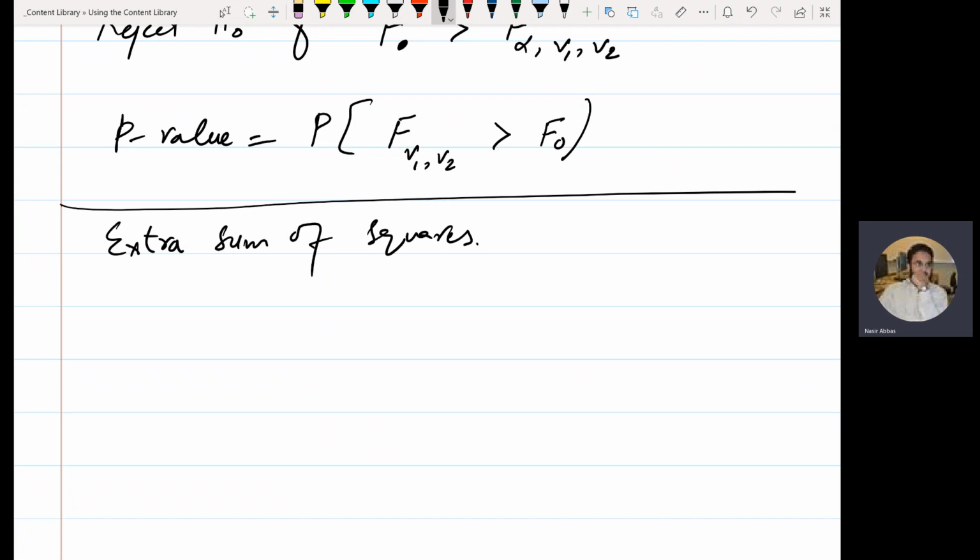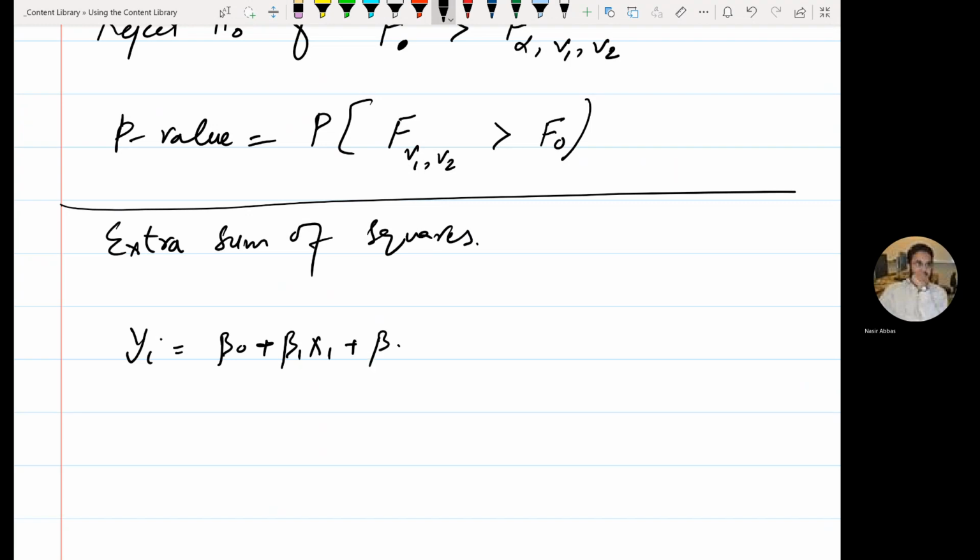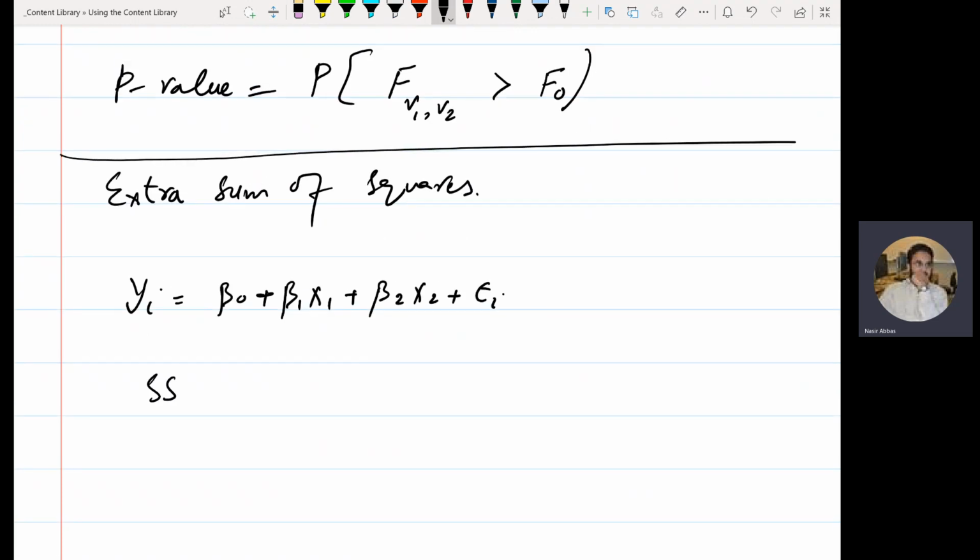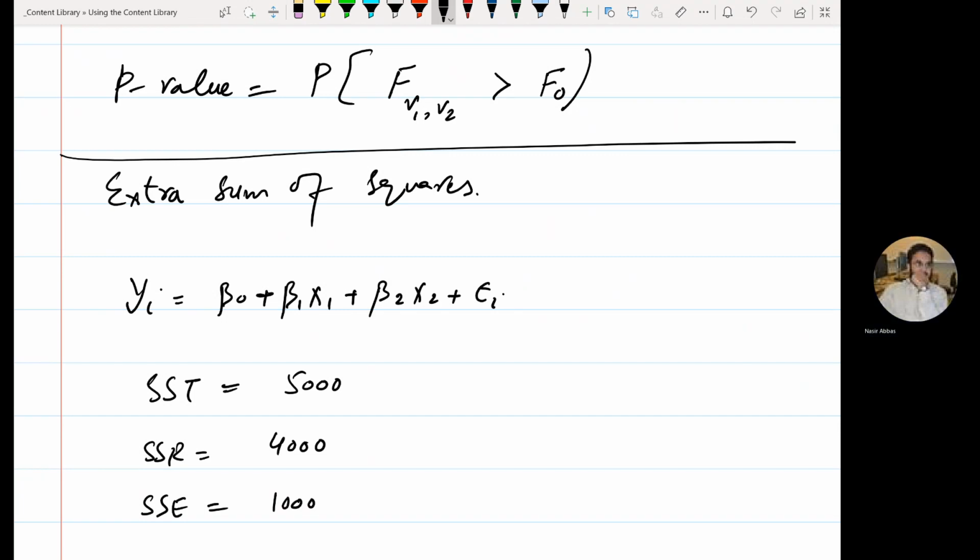Now, let us say you have this regression, and let us say you have SST equals 5,000, and your SSR is, let's say, 4,000, and your SSE is obviously 1,000, correct?